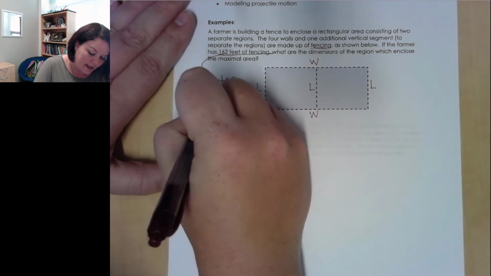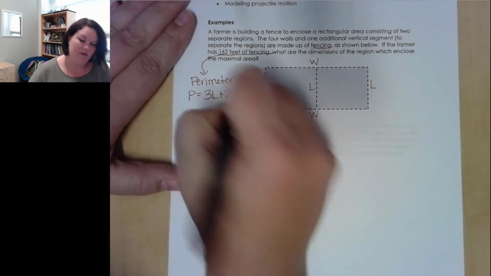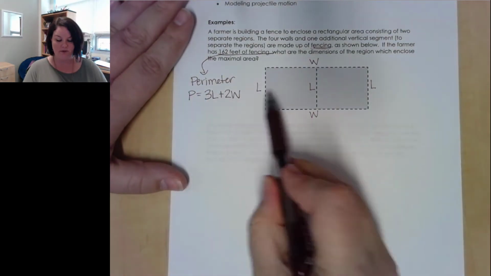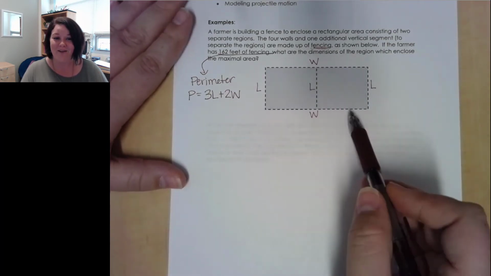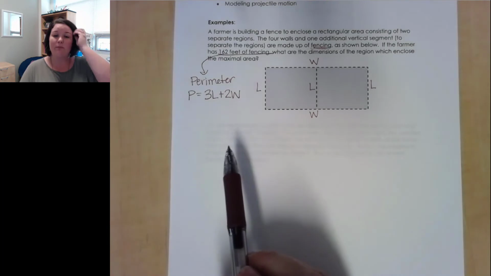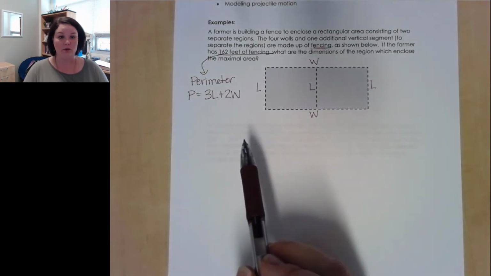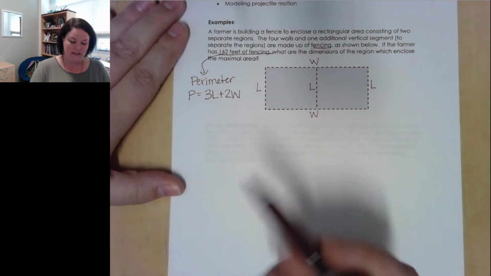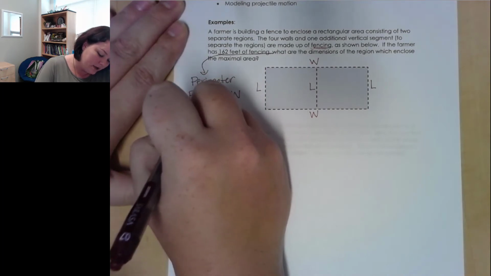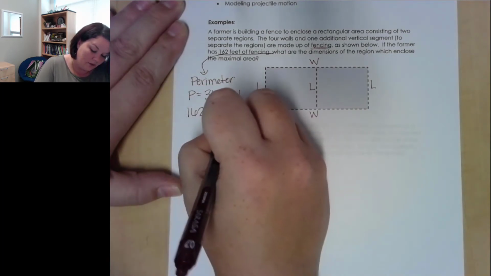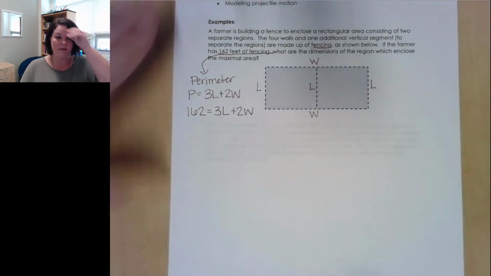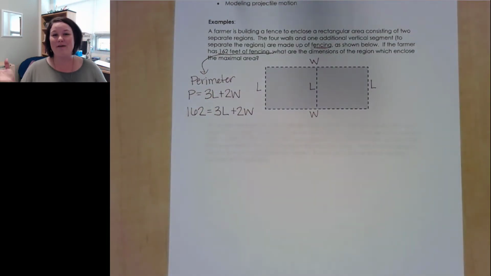So 3L plus 2W, adding them up, W plus W and L plus L plus L. That gives us our perimeter, and our perimeter is how much fencing we have available. So it told us that's 162. So I'm just going to write in, we have 162 that's going to add up to this 3L plus 2W. So that's fantastic. Yay, we found perimeter.